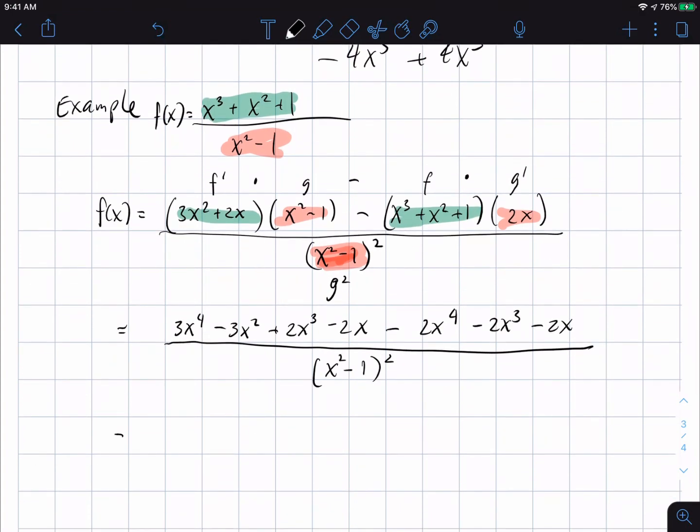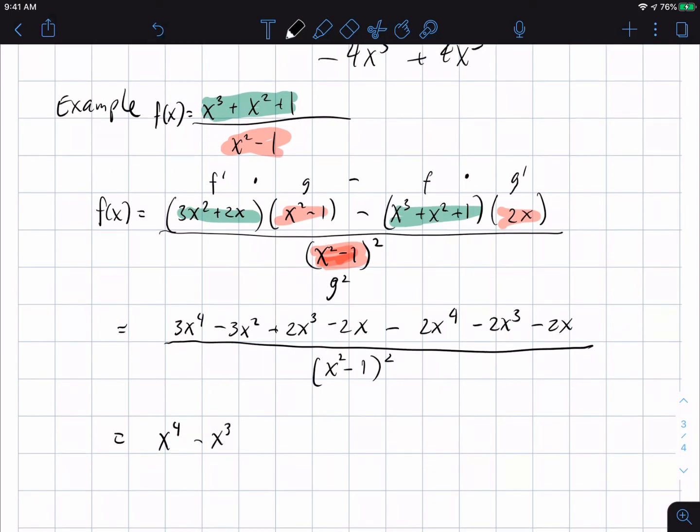And then let's see if we can clean that up. X to the fourth, is it minus x cubed? I believe so. Then we have only one x squared term, so that's minus x squared, and then minus 4x, all over x squared minus 1, that quantity squared.